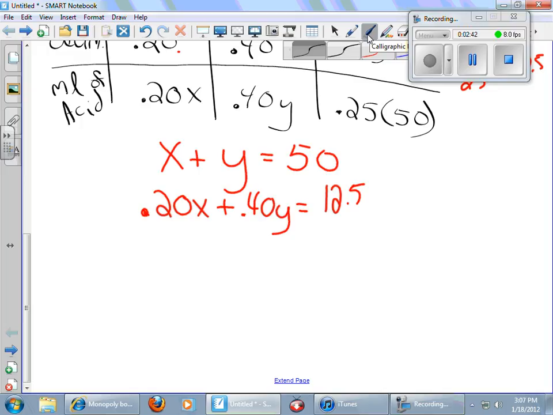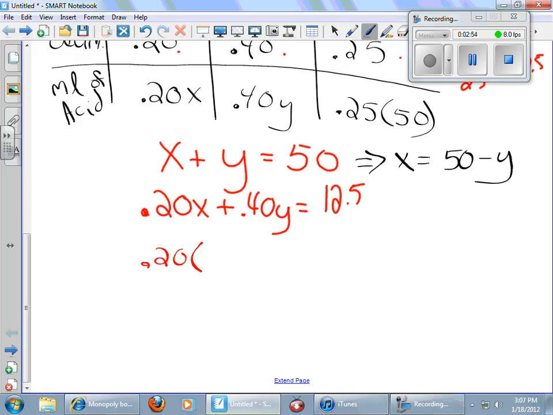And let me see here. I'm going to solve for X. Okay, so 0.20 times 50 minus Y plus 0.40y, and that'll equal 12.5.